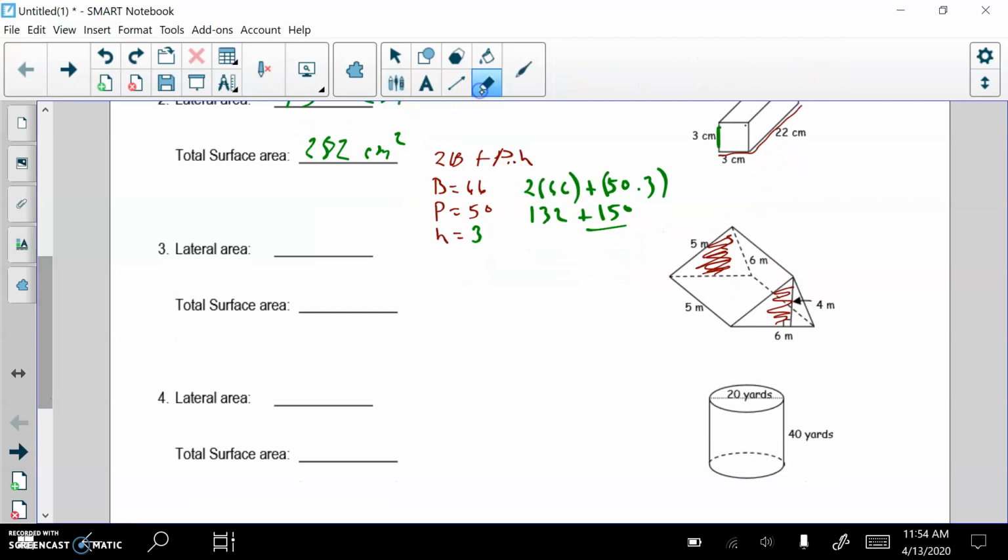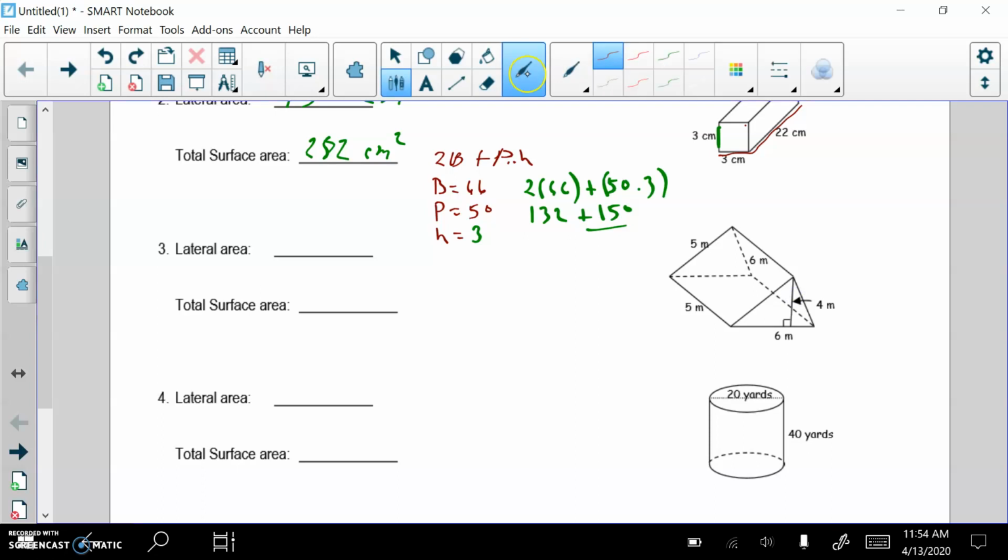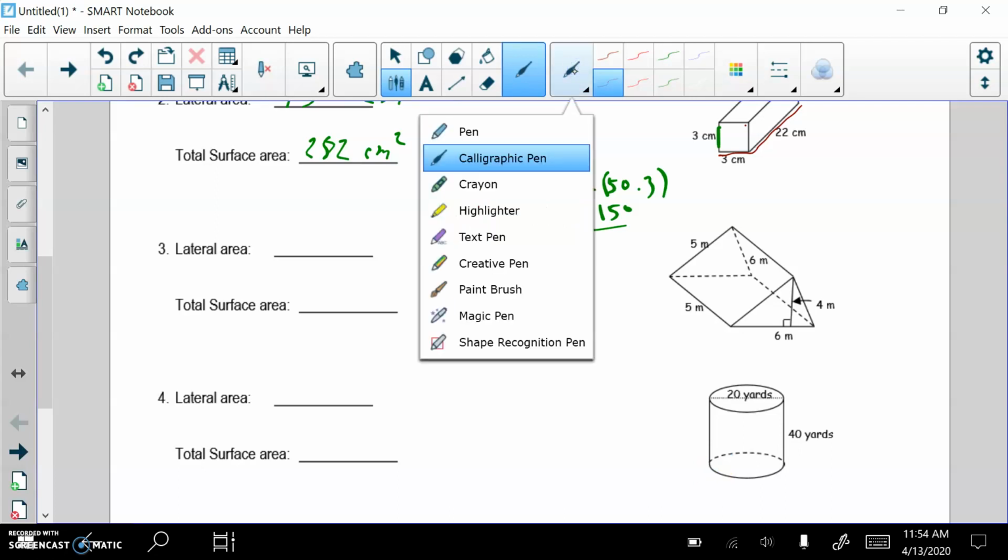Okay. Now, moving on to the triangular base prism. This is when it gets a little weird. I'm going to erase what I had on there. So what's the base? The base is the triangle. So I need the area of that triangle. Now the area of a triangle is base. Let's write down our equations again.